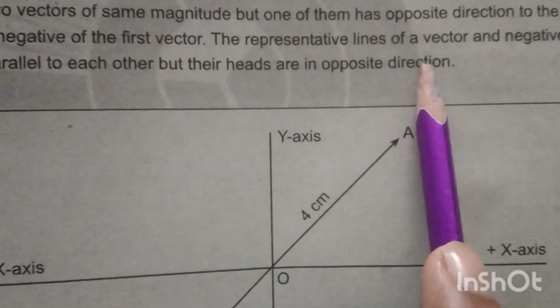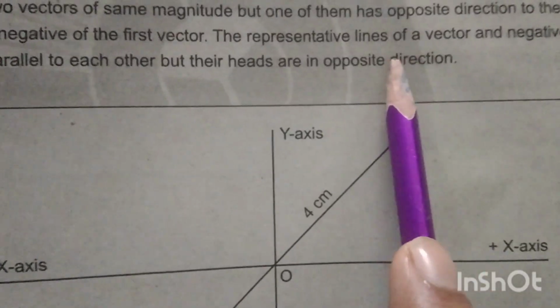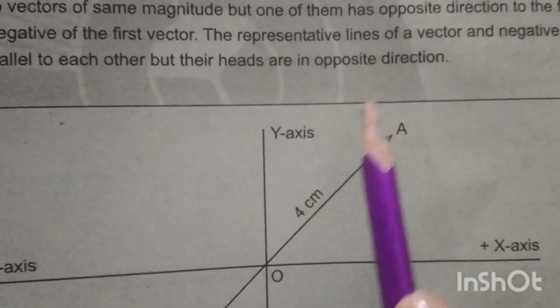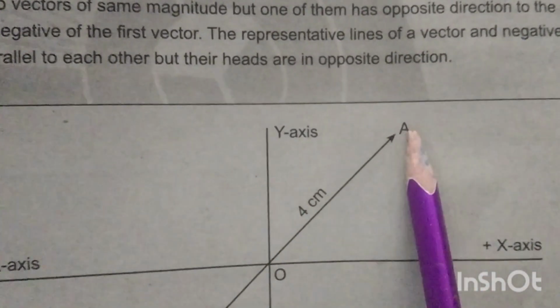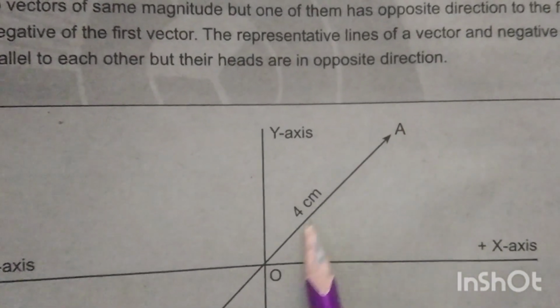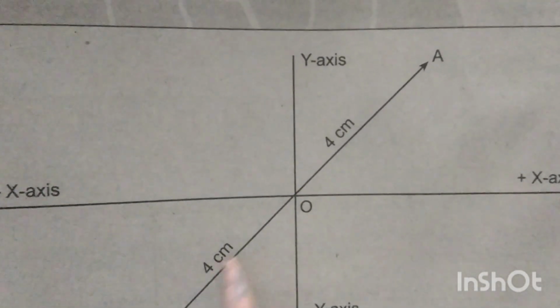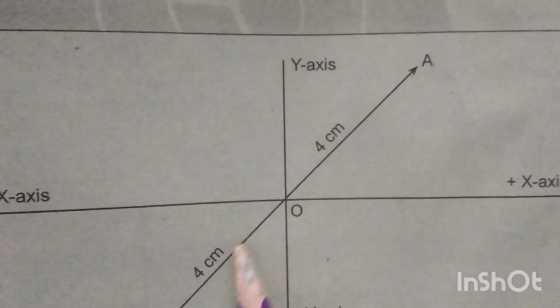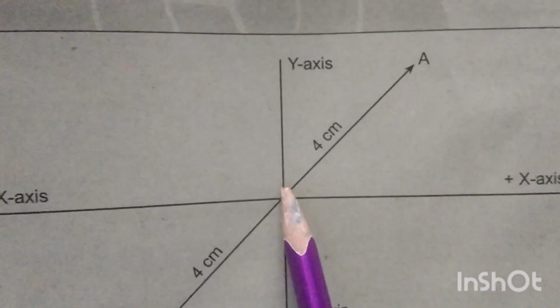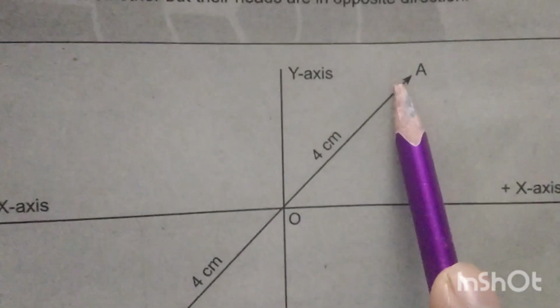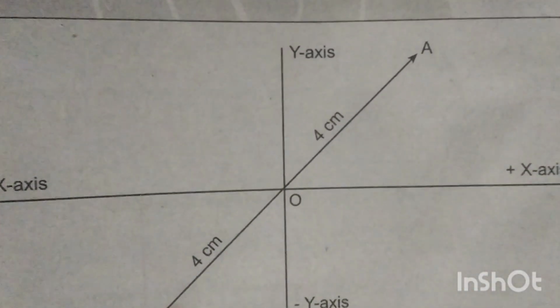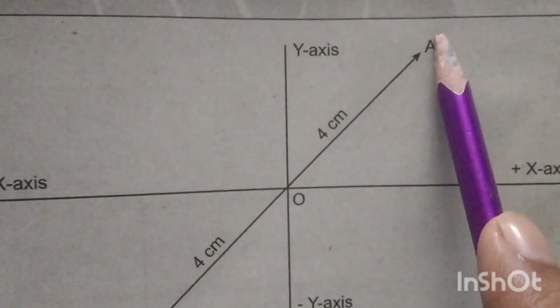So you can easily represent these vectors as lines, like this. Here we can say A is the positive one, but here you can see B has the same magnitude, but the direction is changed. It will be the negative of vector A. B is the negative one and A is the positive one.